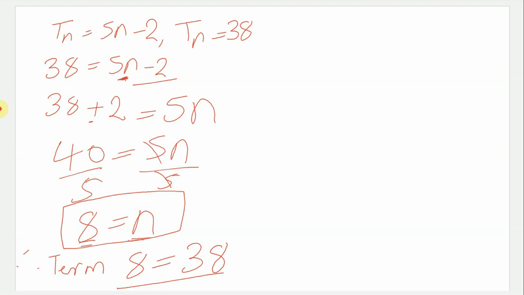Let me prove that indeed 8 is there, that term number 8 will give me 38. Using our formula again, Tn is equal to 5n minus 2.